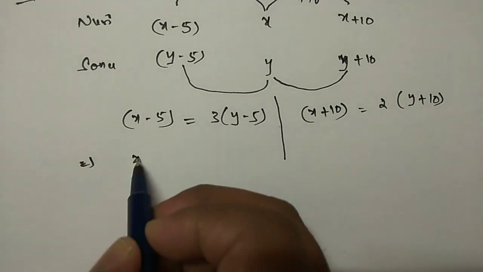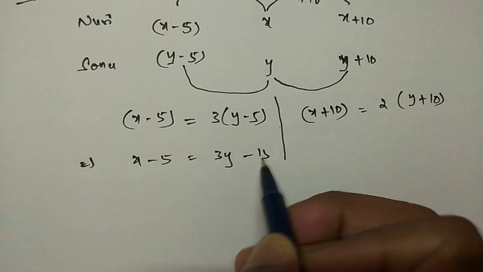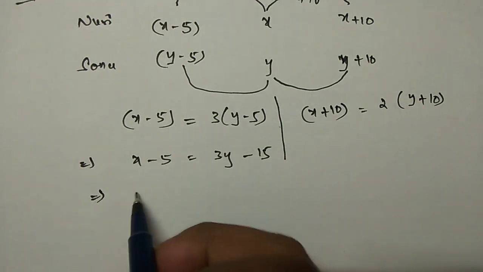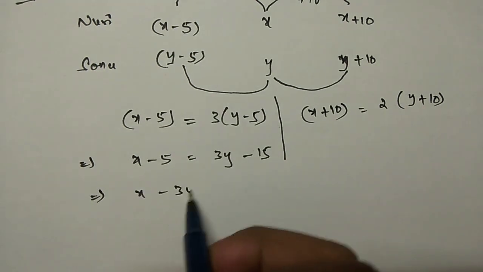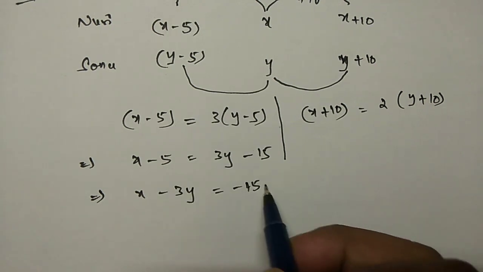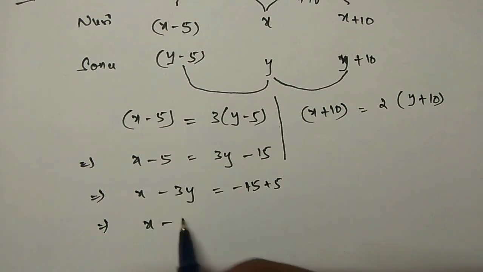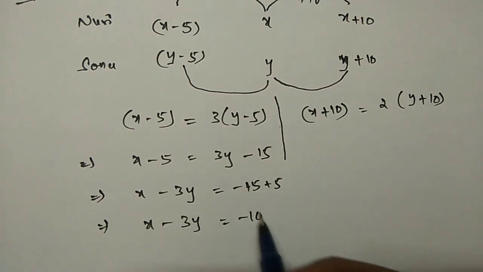This implies x minus 5 equal to 3y minus 15. That implies x minus 3y equal to minus 15 plus 5, transpose this side. So x minus 3y equal to minus 10.